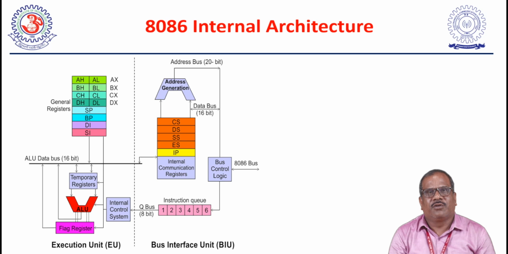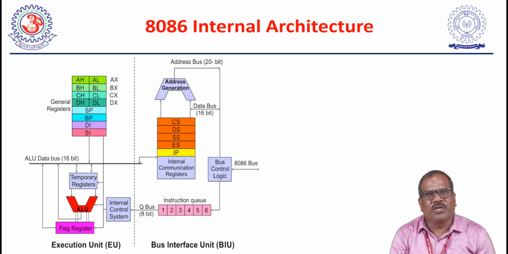So the various blocks of the BIU are: 4 segment registers, the instruction pointer, a 6-byte instruction queue, the address conversion mechanism, and bus control logic. So these are all the major blocks of the BIU.